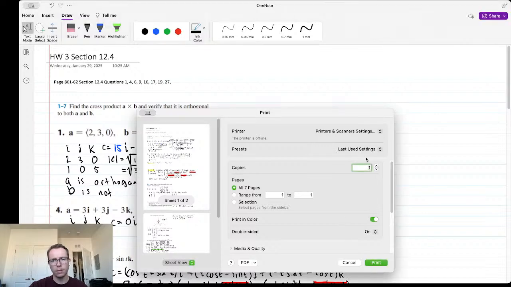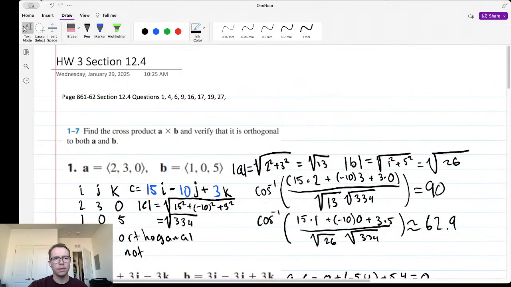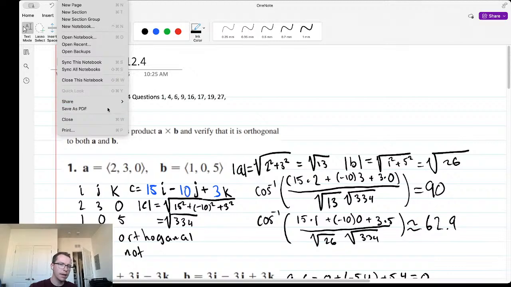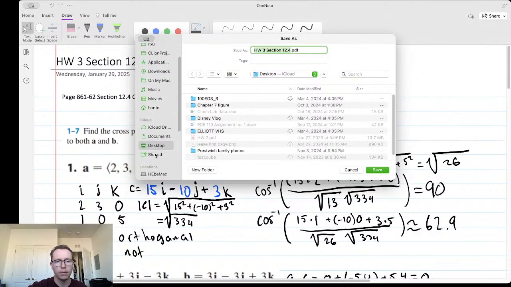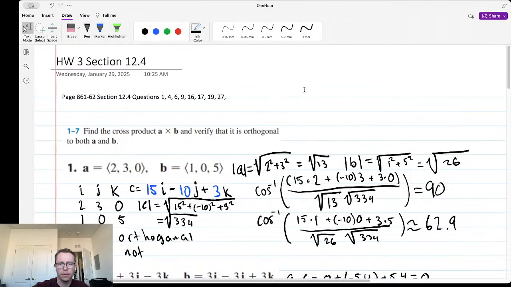It might not work, to be honest. Why can't I have all that information when I save it as a PDF? Okay, I'm gonna save it to my desktop and then see what it looks like.